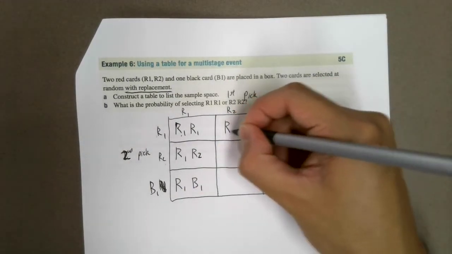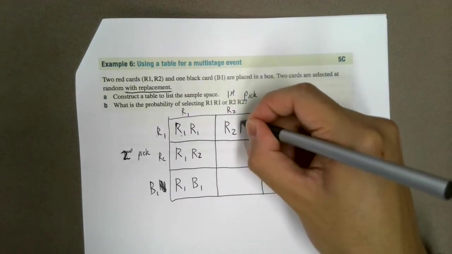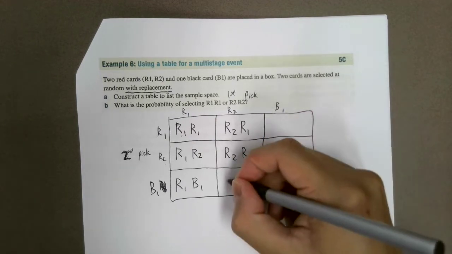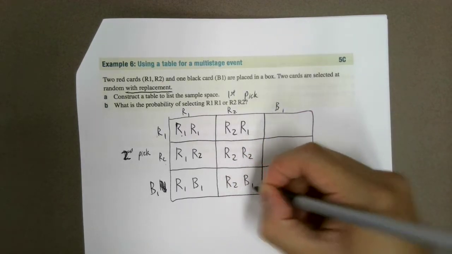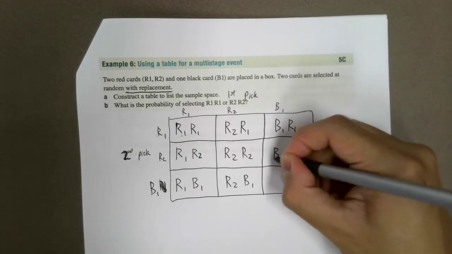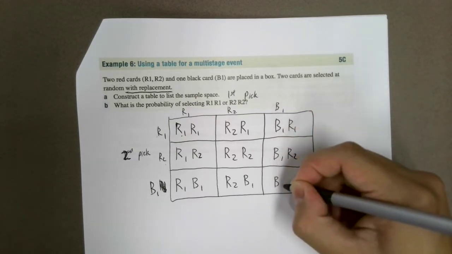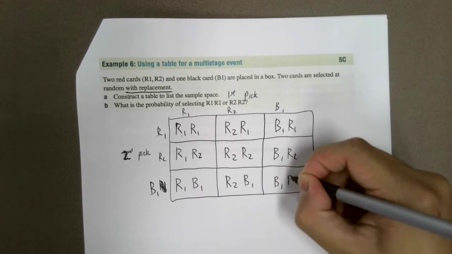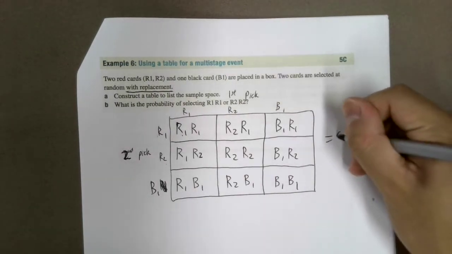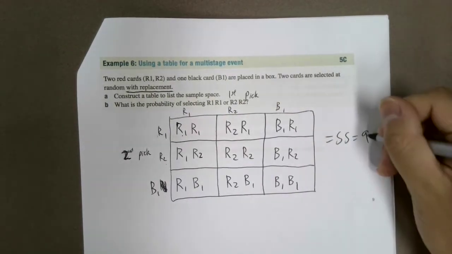So we're then going to go, okay, what happens if I pick a red 2 and then I pick the red 1, or red 2 and then the red 2 again, and then the red 2 or the first black one, and then we're going to finish off our table like so. So again, from our table we can see that the sample space is 9.